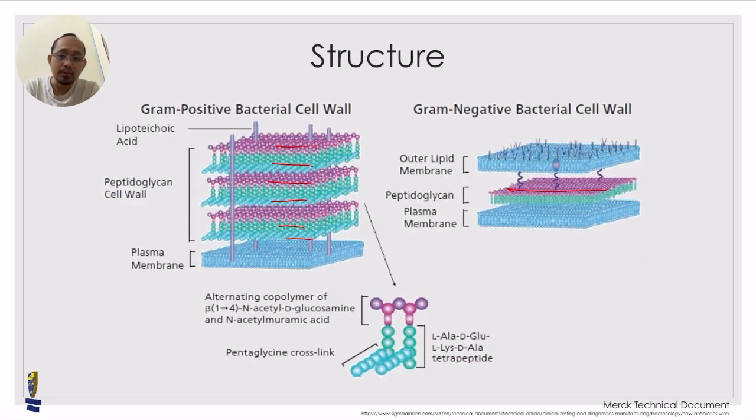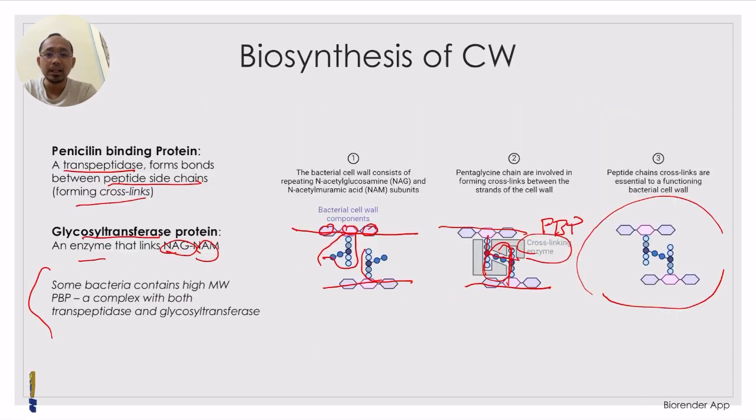So I think I forgot to mention that the cross-linking structure on the NAM polymer is basically an L-Ala, D-Glu, L-Lys, D-Ala tetrapeptide. Okay, so the linking is basically linking D-Ala to D-Ala, so D-Ala from one peptide chain to another.